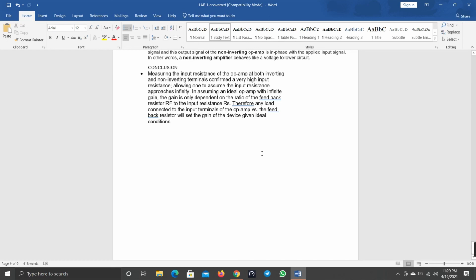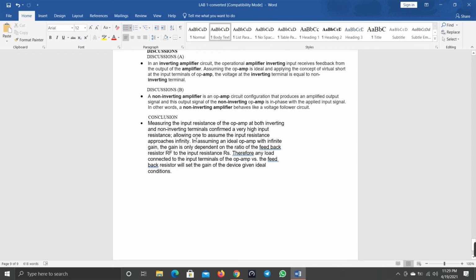Measuring the input resistance of the op-amp at both inverting and non-inverting terminals confirms a very high input resistance, allowing one to assume the input resistance approaches infinity in an ideal op-amp with infinite gain.